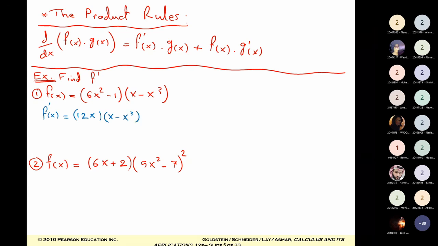Okay, plus now fix the first and find the derivative of the second. This equal 1 minus 3x squared, like this. Okay, any question?